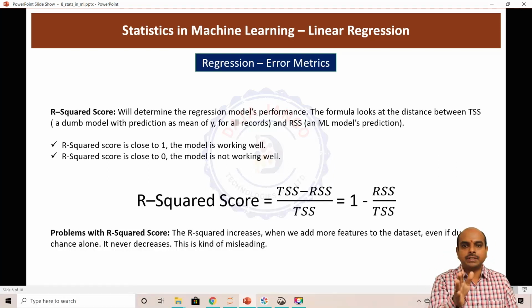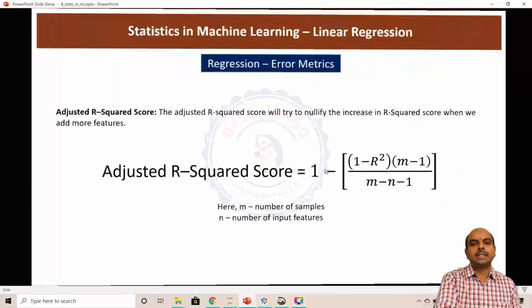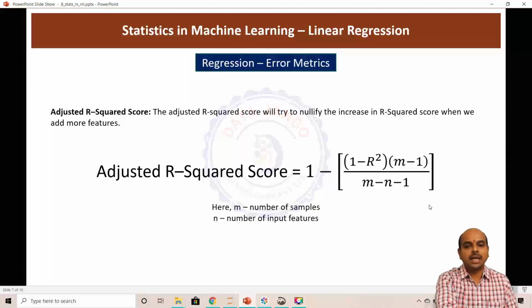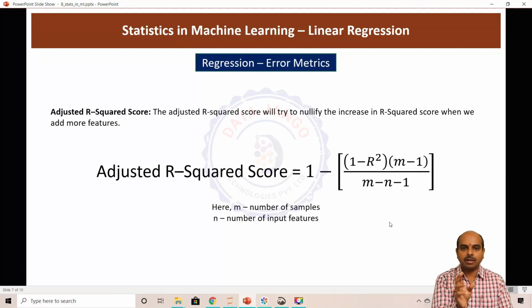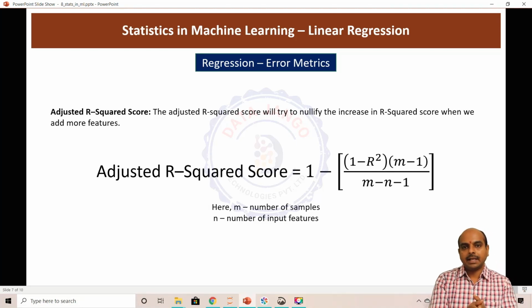When you add 10 more features, the R-square score jumps from 0.9 to maybe 0.91 or 0.92. So that's the disadvantage. To solve this disadvantage, we will use adjusted R-square. Adjusted R-square is a mathematical manipulation of R-square, which tries to nullify the effect of a newly added feature when it is not useful.